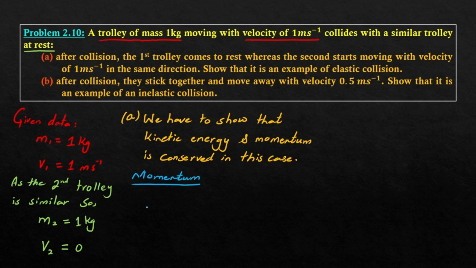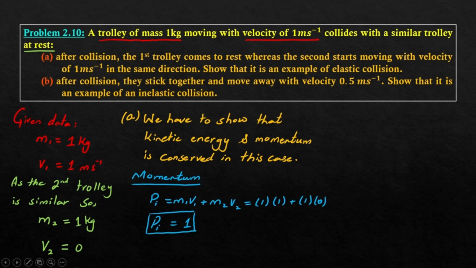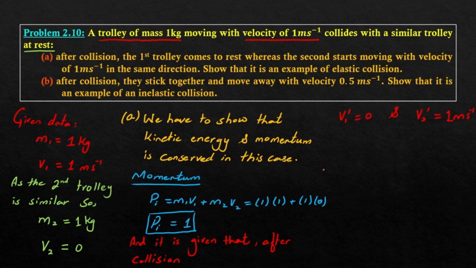First, we check the momentum. Initial momentum equals m1 v1 plus m2 v2. By putting the values in this formula, we get Pi equals 1. Similarly, for the final momentum, it is given that after collision, v1 prime equals 0 and v2 prime equals 1 meter per second.